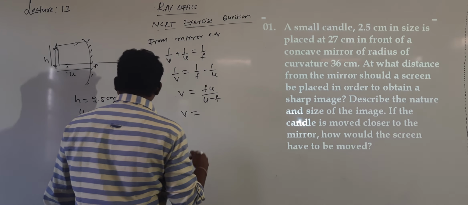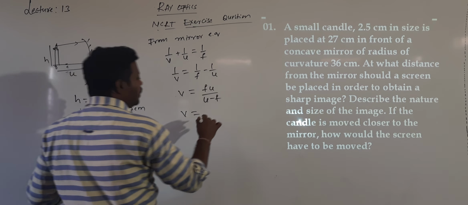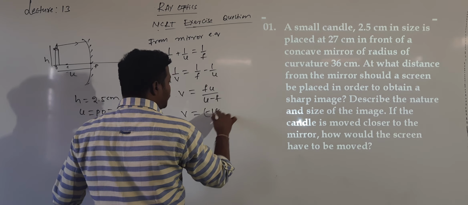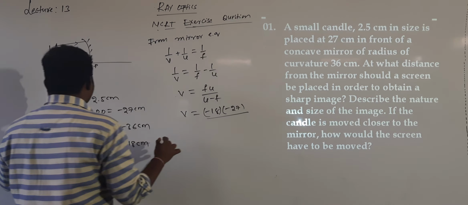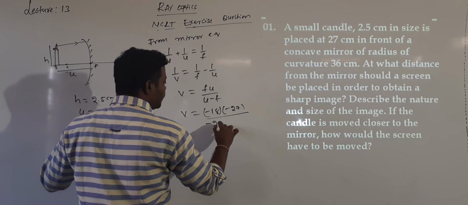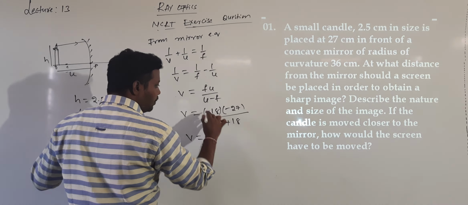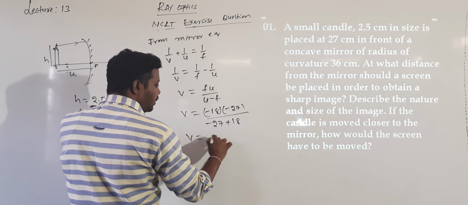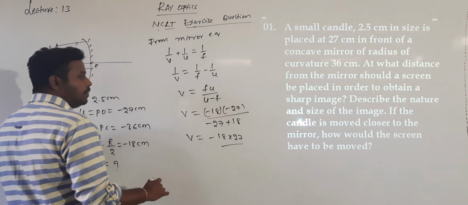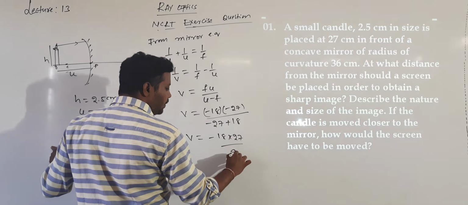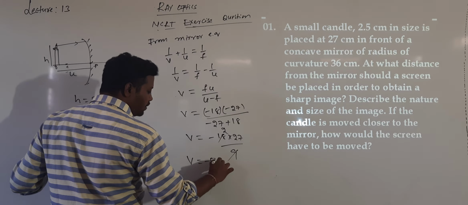Substituting the values: f is minus 18, u is minus 27, divided by minus 27 plus 18. Minus into minus is plus, so I get minus of 18 into 27, divided by the denominator, 27 minus 18, which is 9. Nine twos are 18, so the v value will be minus 54 centimeters.